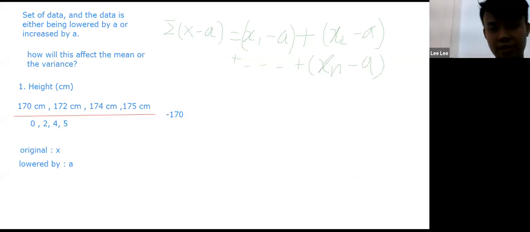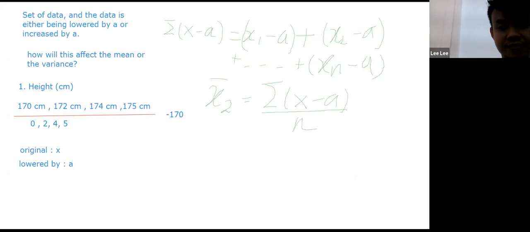You understand until here? So when I find the x bar right now, the second x bar, the one where I lower the data by a, the notation will be the sum of the x after I lower by a, divided by n. Still understand until here?